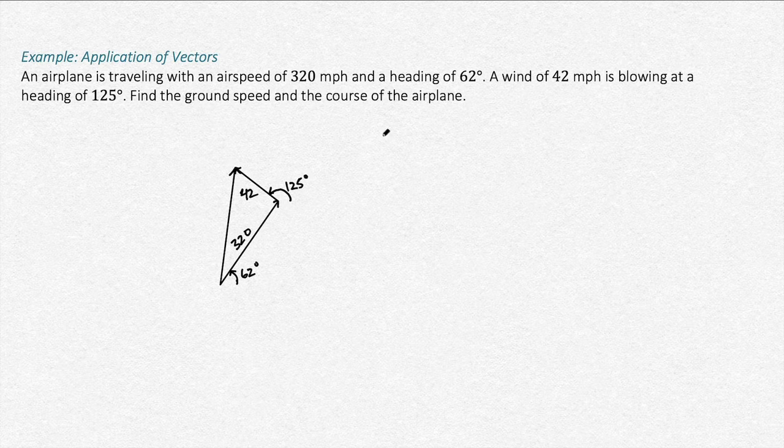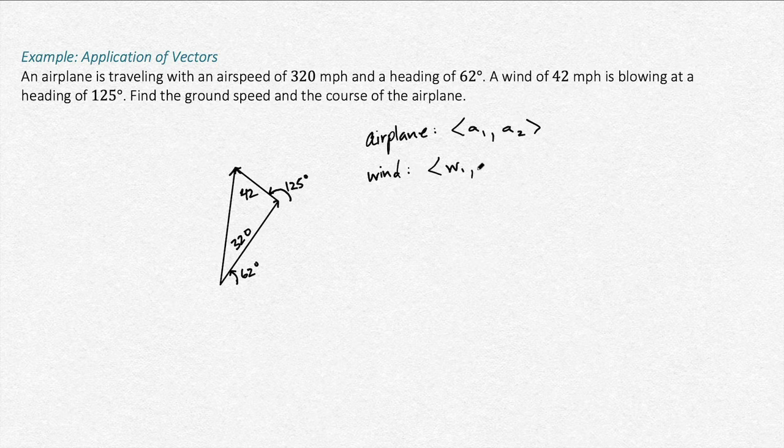So we'll let the airplane vector be A1, A2, A for airplane, and the wind components be W1 and W2. Using what we know about components of a vector and how they relate to the direction, the angle, and the magnitude, we can get each of these components.